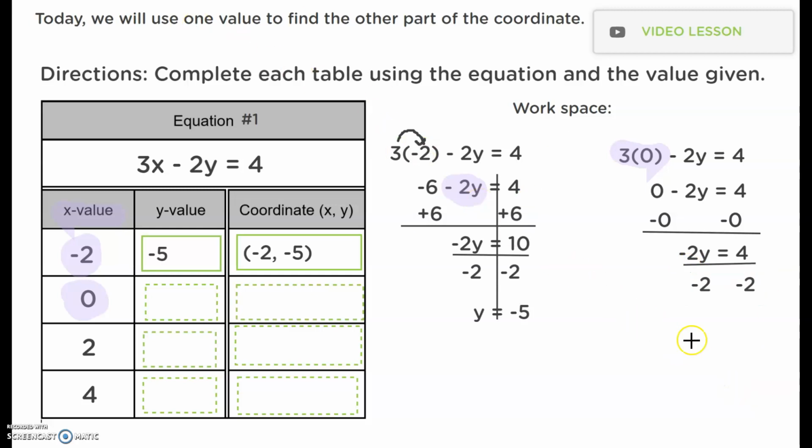And you're going to be left with negative 2y divided by negative 2, which is y, and 4 divided by negative 2, which is negative 2. When we plugged in 0, we got the answer, negative 2, which I can make a coordinate, 0, negative 2.